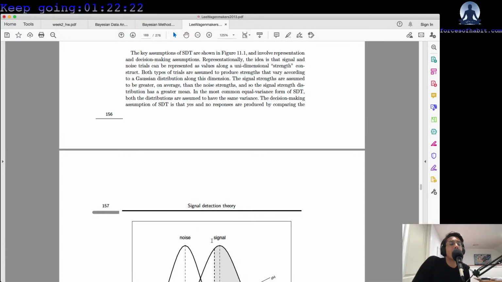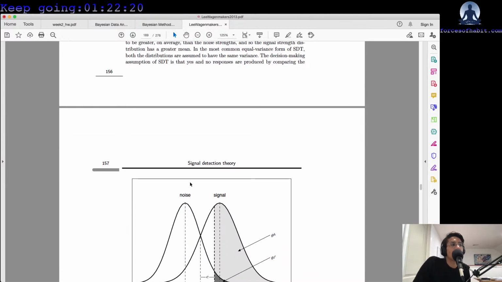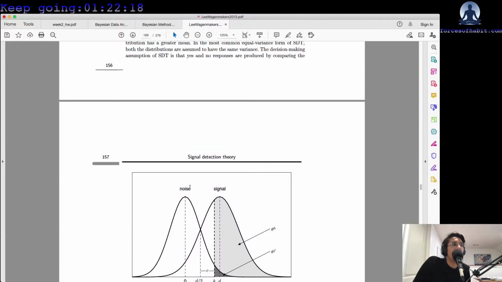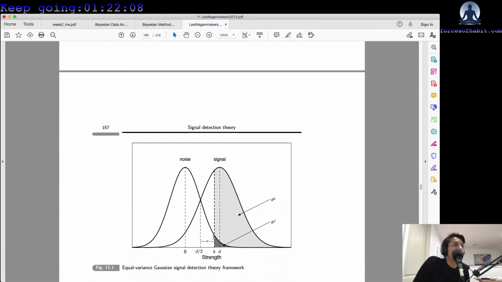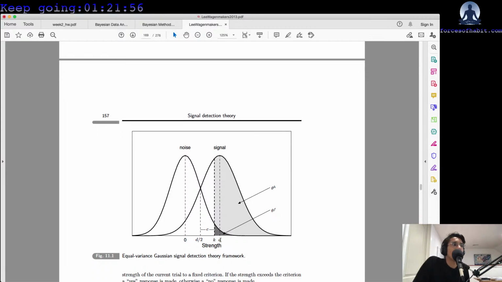Notice how this theory also fits nicely into Bayesian statistics, because we're going to get an output of a posterior distribution for what is representative of signal here. And then from that, we're going to be able to estimate these parameters related to interesting things in signal. So d' is discriminability.